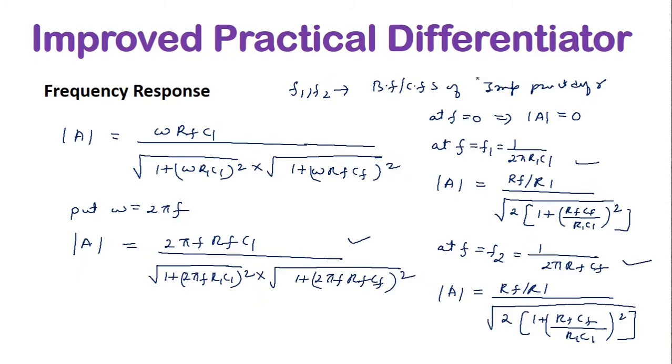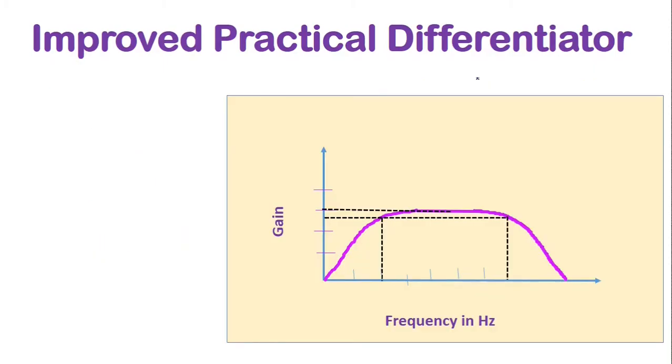Now when we draw the frequency response curve of the improved practical differentiator, it will look like this. So here we can see that at f is equal to 0, the magnitude of gain will be equal to 0, and at f is equal to f1, the magnitude of gain will be equal to RF upon R1 divided by under root 2 into 1 plus RF CF whole divided by R1 C1 whole square.